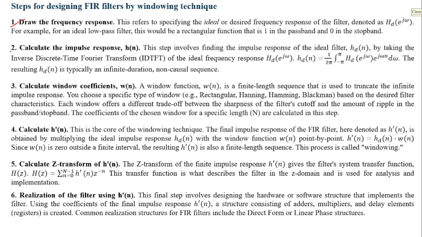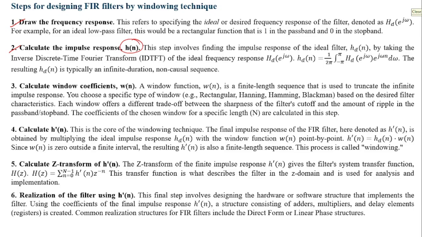Then we needed to calculate the impulse response h(n). After calculating h(n), we were directly going to the calculation of the Z transform, and from there to realization. However, here we have two extra steps.